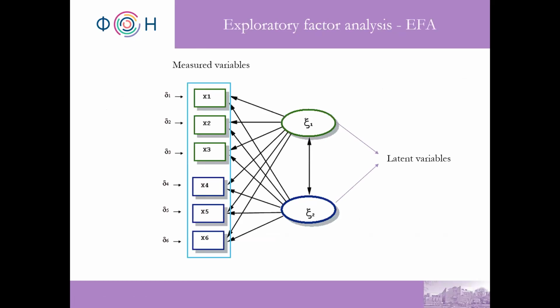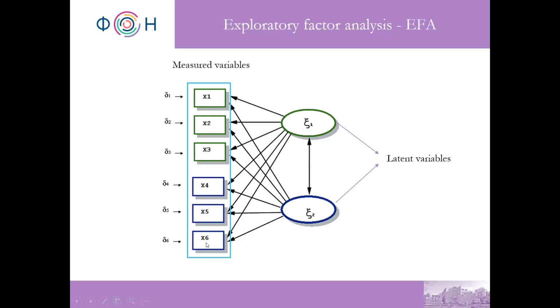So before we talk about confirmatory factor analysis, first we're going to talk about the exploratory factor analysis. When it comes to exploratory factor analysis, we as researchers or data analysts don't have a clue how we want our variables to be grouped. For example, here we have 6 measured variables.